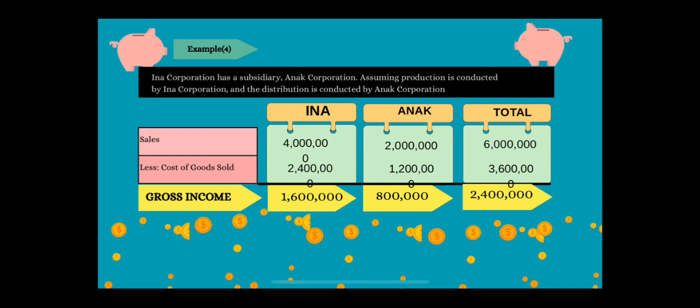For INA, the sales is 4 million, less cost of goods sold is 2,400,000, so the gross income is 1,600,000. In ANAC, the sales is 2 million and the less cost of goods sold is 1,200,000, so the gross income is 800,000.